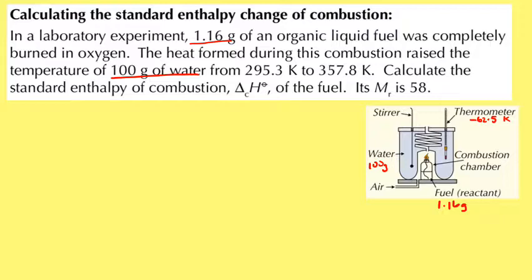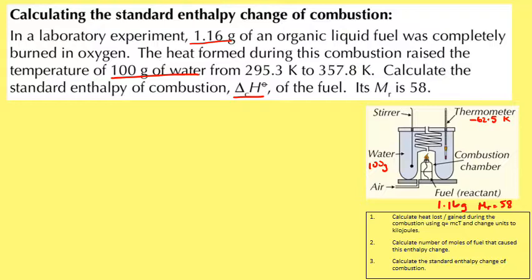So that's a temperature increase, but it says a negative number for reasons that will become apparent. We're asked to find the delta H c, the standard enthalpy change of combustion of that fuel, and it's kindly given us the Mr of that fuel as 58. So that's our information.